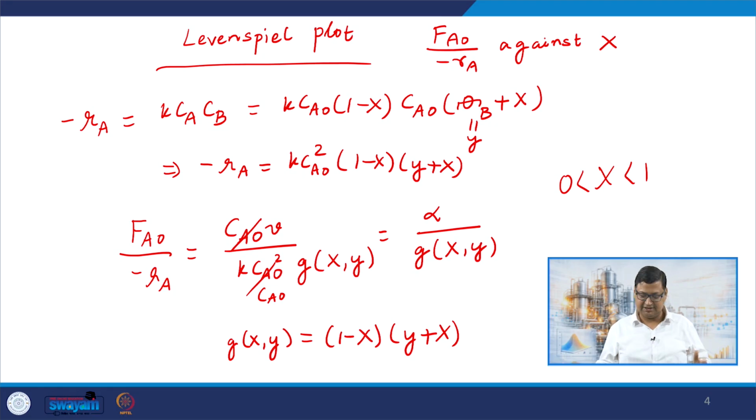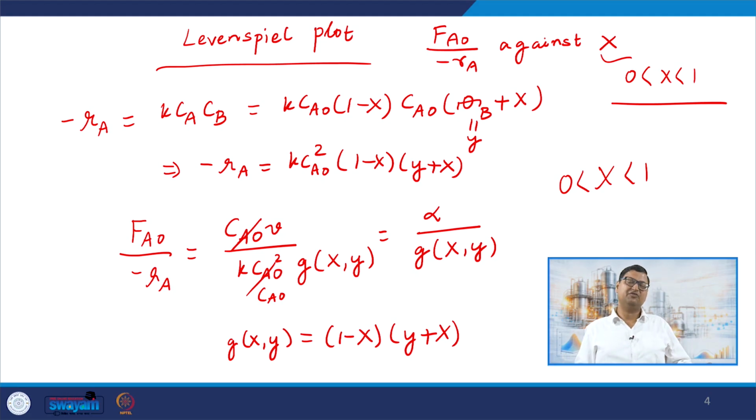Accordingly, the Levenspiel plot is done in the range of meaningful conversion values between 0 and 1, and we have to plot it differently if a maxima or minima is coming in that range.